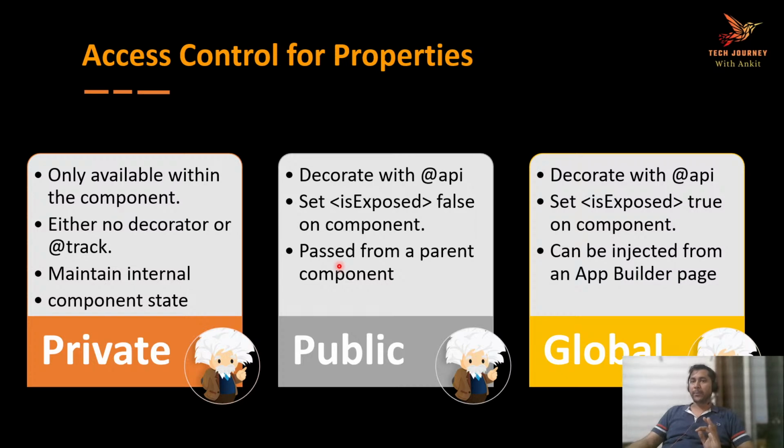Only the parent component can access the public property. In the case of a public property, you will set isExposed to false. In case you have to make it global, then you will set isExposed as true on the component.